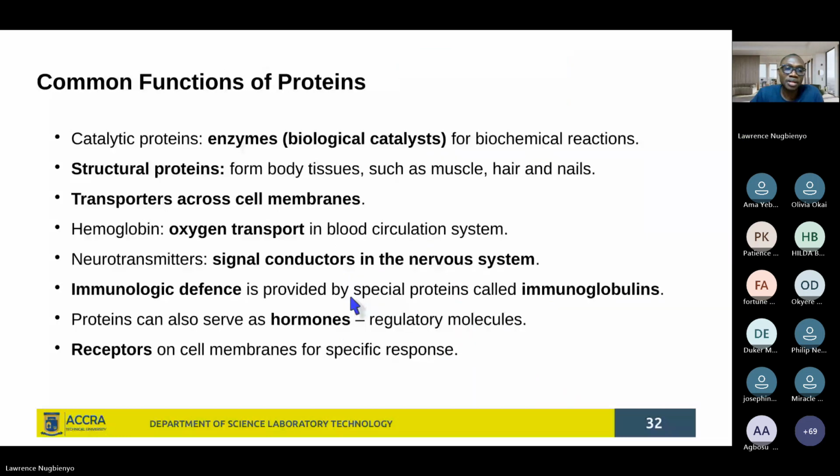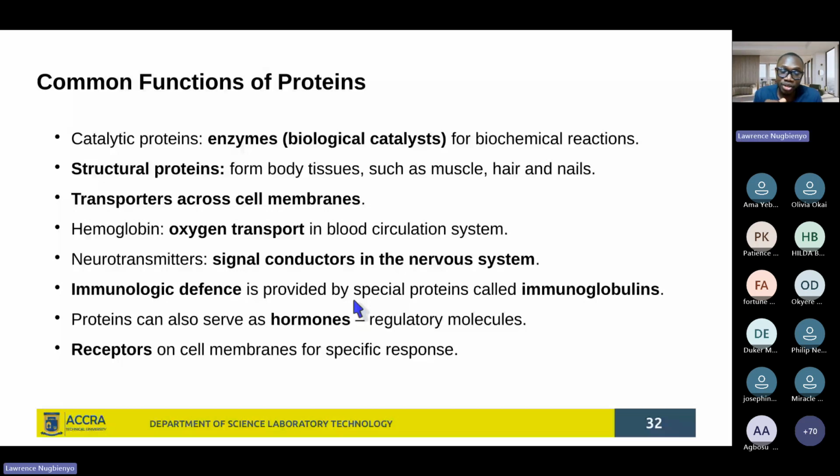All right. Now from here, we can briefly talk about the fact that, so far, as we've talked about proteins, I want to end with the fact that proteins can have different functions in the body.